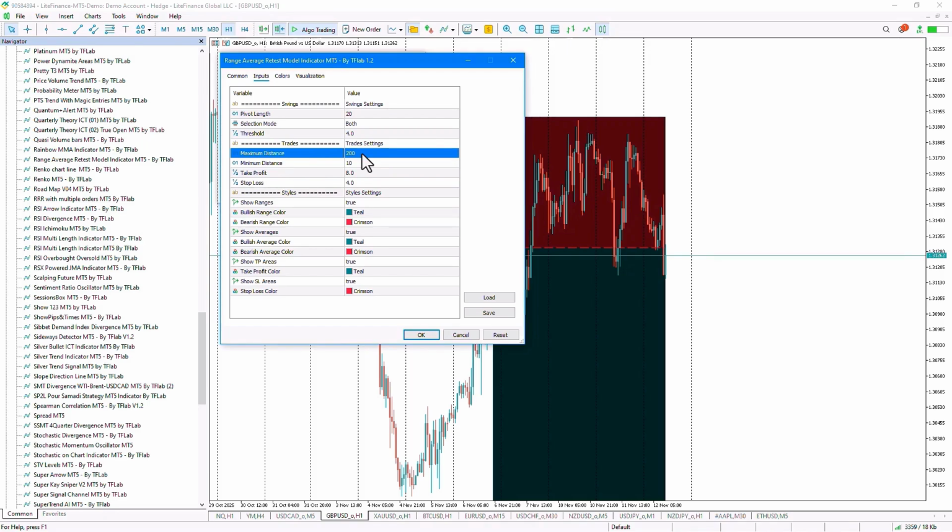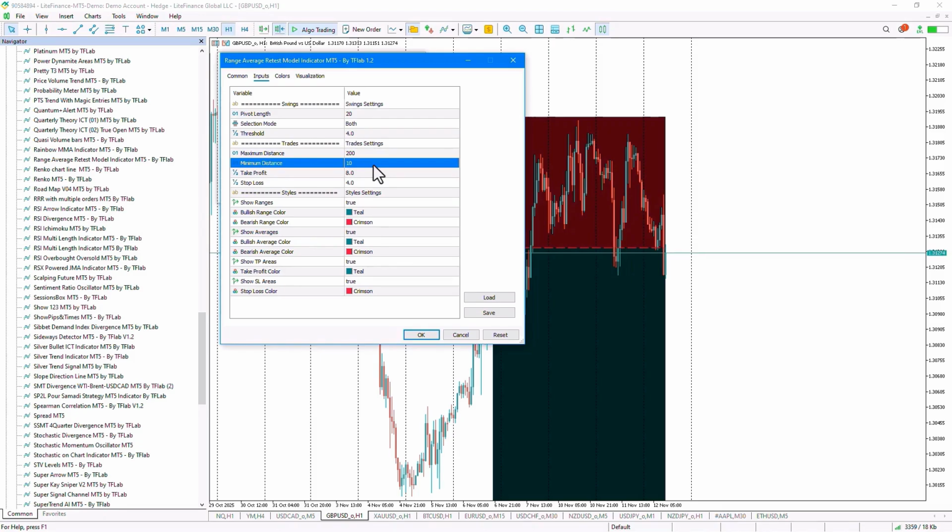This parameter is used when a range is identified and the indicator determines the maximum number of candles we have as an opportunity, and when our average range is still valid, so that the price can reach the average range level and break it, allowing us to open a trade and enter a position. If this value is exceeded and more candles pass than the limit, it considers that average level as invalid and does not display the trade.